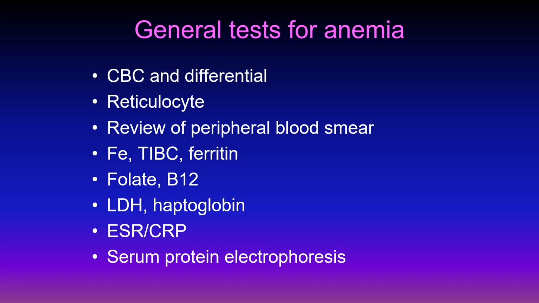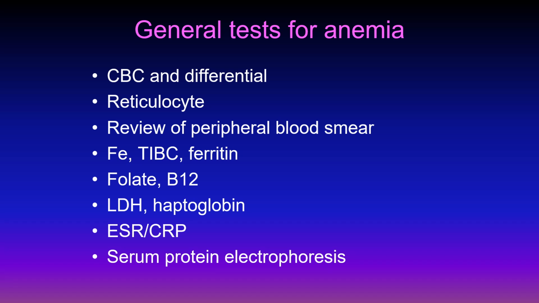The general tests for anemia you're all familiar with. They're a blood count called a CBC and differential. A reticulocyte count measures the new red cells being made. Your physician should always look at your blood under the microscope to assess what else might be going on. There are a lot of nice, clever clues to hemolysis by looking at the blood smear. One checks the iron, total binding capacity, and ferritin. B12 and folate should be checked in everybody.